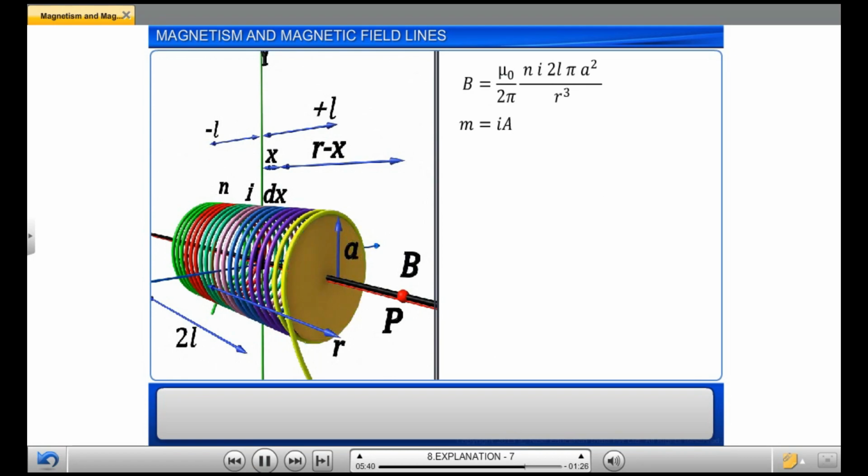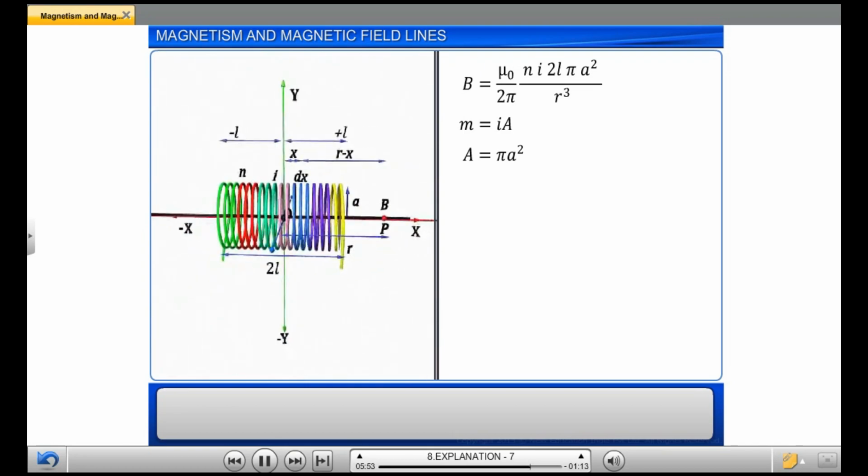Thus, the area A of each loop of the solenoid is pi into a square. The total number of loops in the solenoid is n into 2L, and hence the magnetic moment of the solenoid M is equal to n 2L I A, which is equal to n 2L I pi a square.